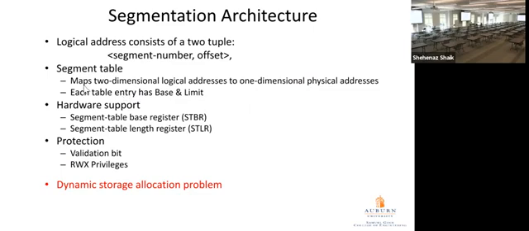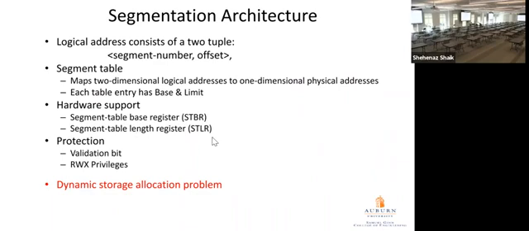Now we're talking about the segment table itself. So segment table is the one which has information regarding all the segments of a particular process. Okay, so it is a process specific data structure that is maintained by the operating system. Whenever a process is under execution, the information regarding segment table will be loaded in these two registers, the segment table base register and segment table length register.